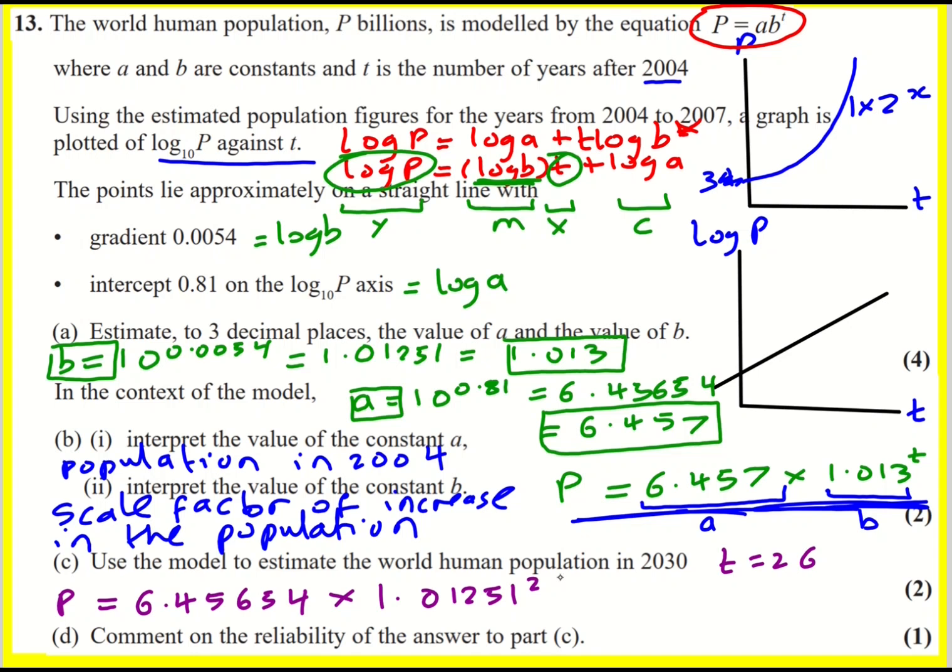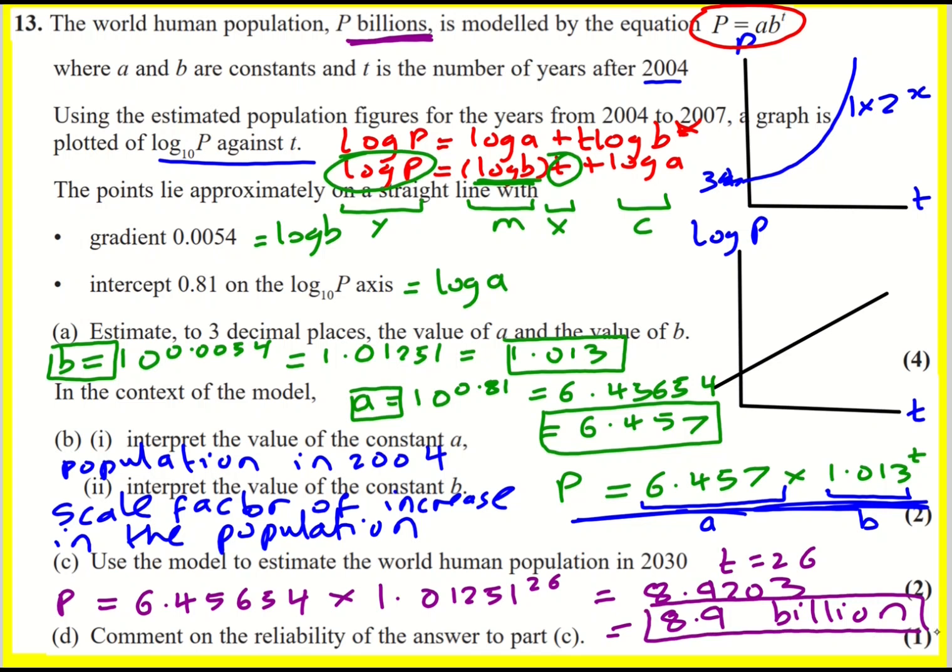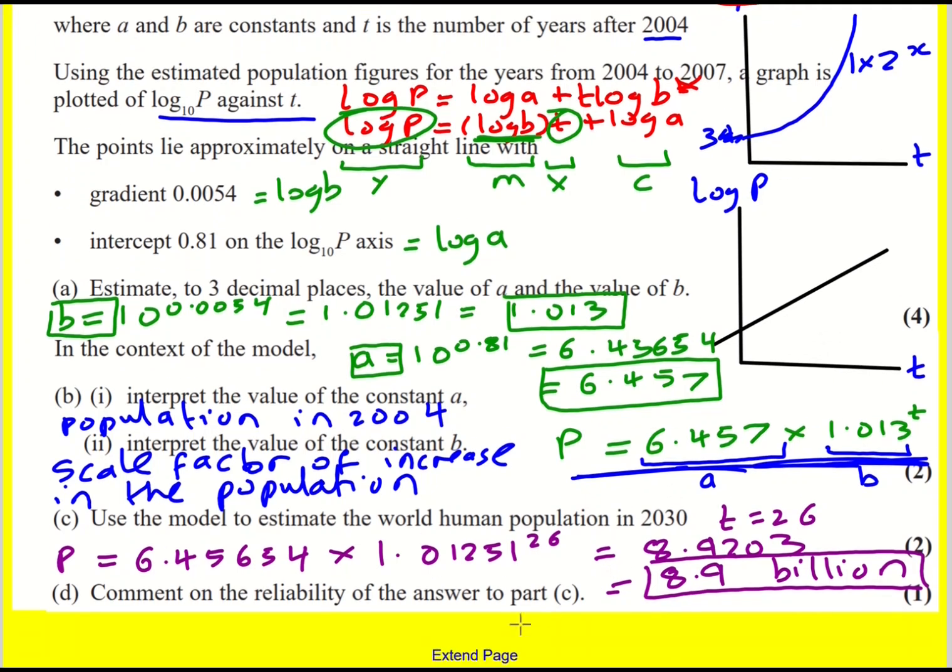This ends up giving 8.9203. So I'm just going to round that to 8.9 billion. You do need to bring that billion back in because we were told before that the population was in billion. As long as your answer rounds to 9, then you're okay. I've gone with that.